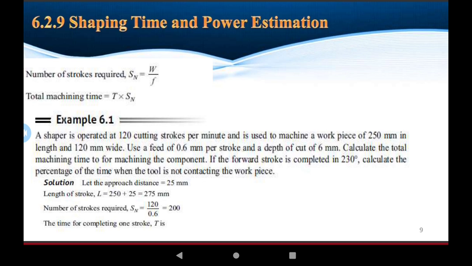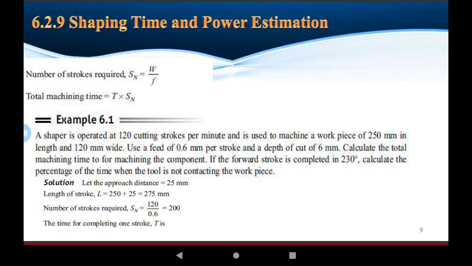SN is the total number of strokes required to complete the workpiece, and T is the machining time.